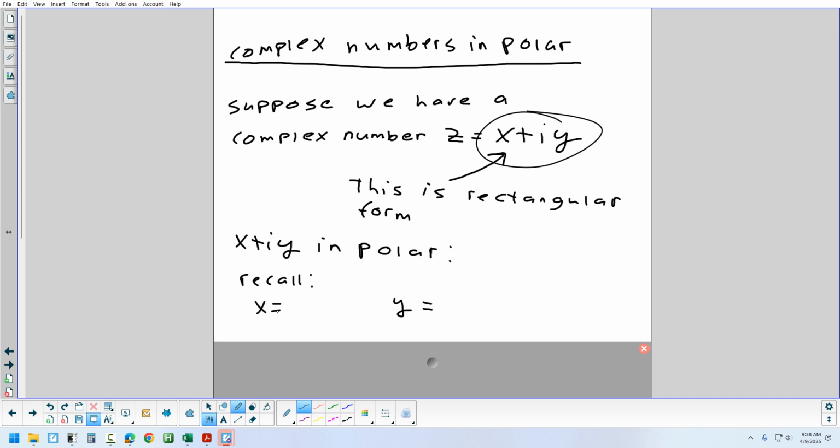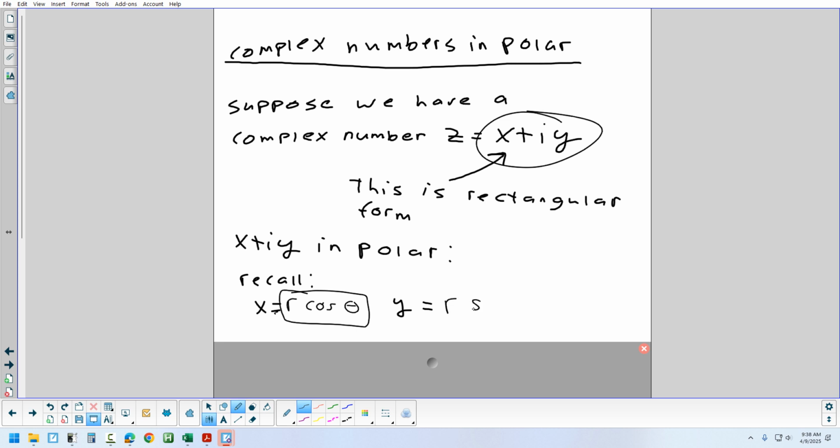When you want to take X and change it into polar, does anybody remember what the formula was for X? It was something with a trig function and theta. R cosine theta. Yep. We proved yesterday using a triangle that if you want to change the X value to polar, you use r cosine theta. And what if you want to change the Y value? Yep, r sine theta.